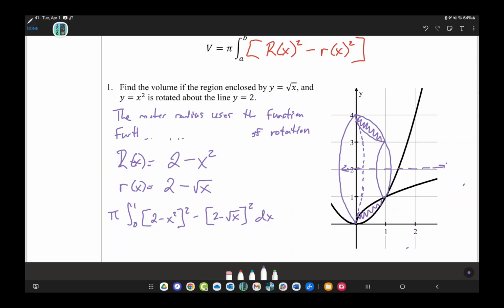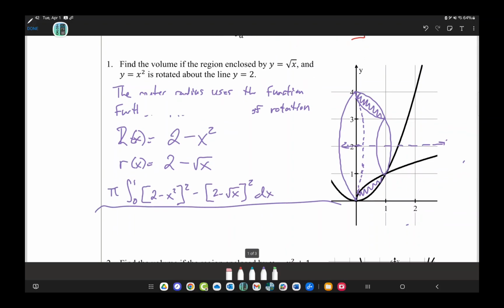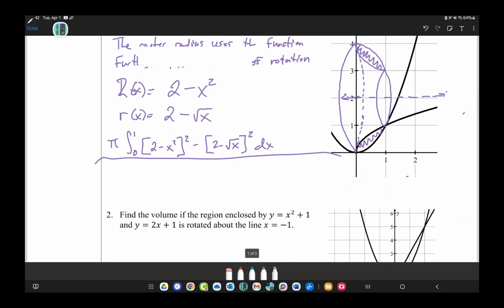Now, that's one way to do it. If you are a fan of shifting functions, what if we shifted everything down to where my line of rotation was the x-axis?